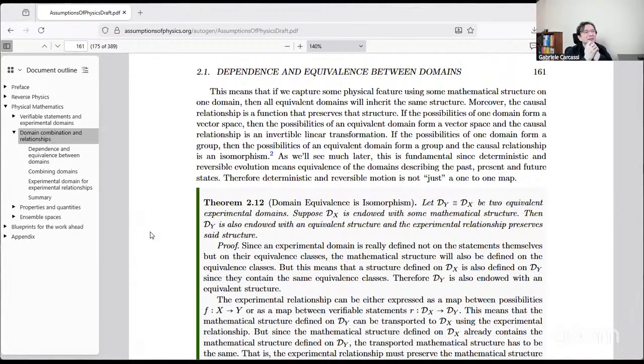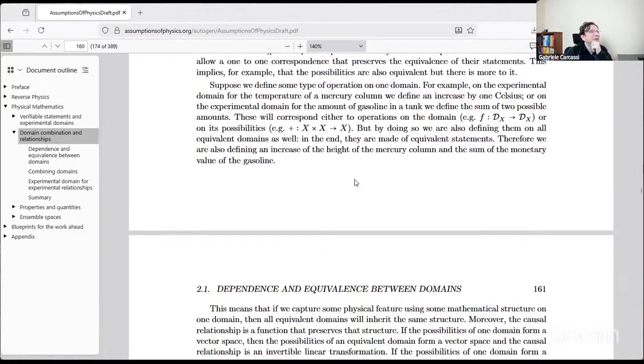Yeah, so if the statements are equivalent, then whatever other map and structure that you put there cannot be different, because then it wouldn't depend only on the statement. It would have to depend on the statement and something else. Right, and so the maps that you put here clearly depend only on the statements.